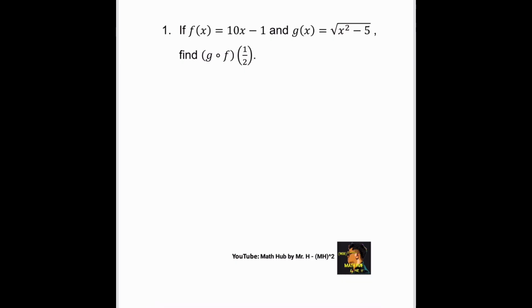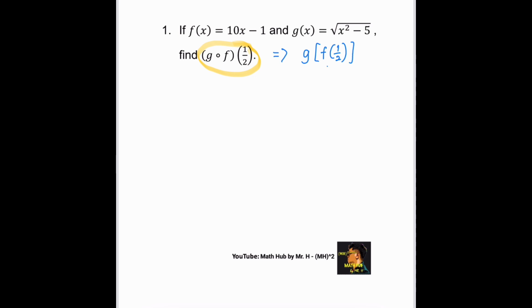Example 1. If f of x is equal to 10x minus 1 and g of x is equal to square root of x squared minus 5, find g of f of 1/2. For this one, that will be equal to g of f of 1/2.